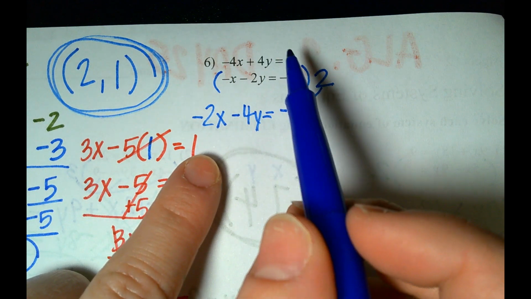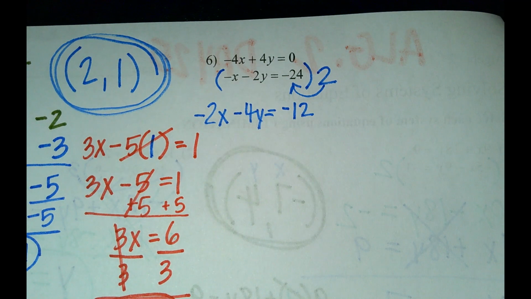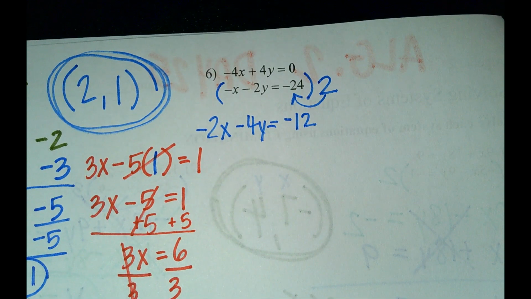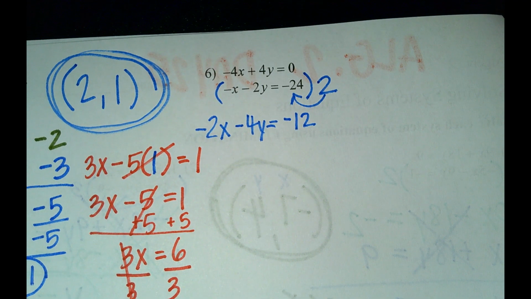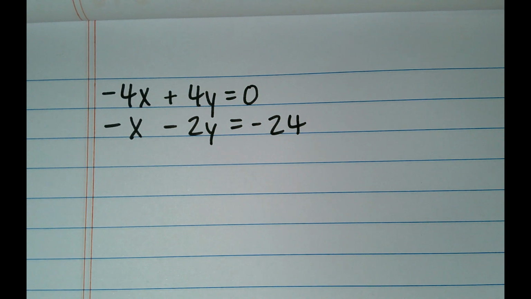We see that? I could do the x's. Now, let me get a separate piece of paper. I'm running out of room. Let's see. Negative 4x plus 4y equals 0. Negative x minus 2y is negative 24. Okay, so if I wanted to cancel the x's out, what would I need to multiply by?